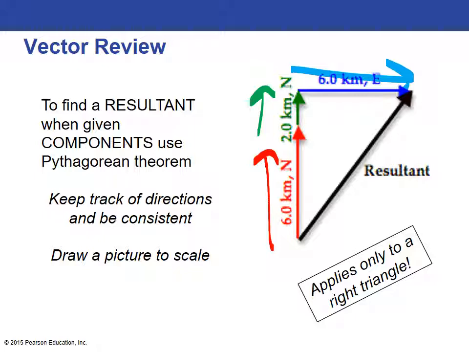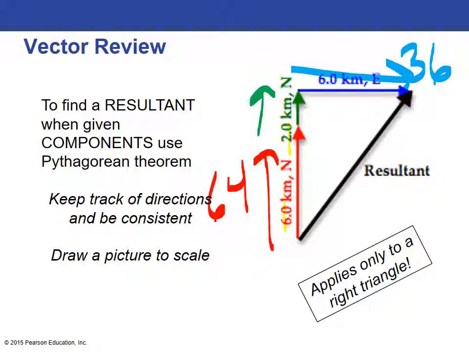If this were the case, I would draw the picture. I'm using colors here to help me keep track, and my resultant is going to be this value of 6 squared, and this is 6 plus 2 makes it 8. 8 squared is, all right, if I add 64 to 36, that gives me 100.